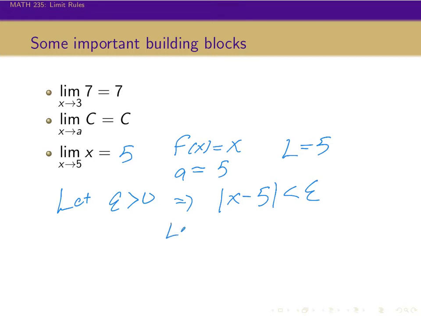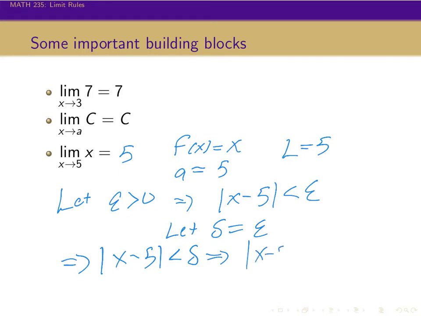So just let delta equal epsilon. So then if the absolute value of x minus 5 is less than delta, well, then it is less than epsilon because delta and epsilon are the same thing. And so that gives us our rigorous check. So L is equal to 5.